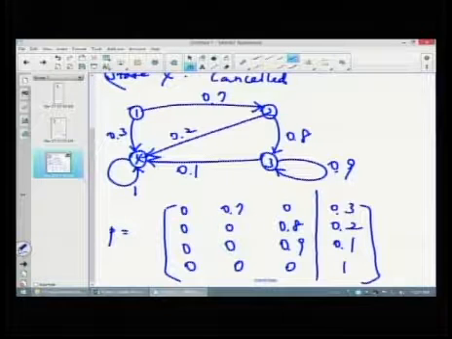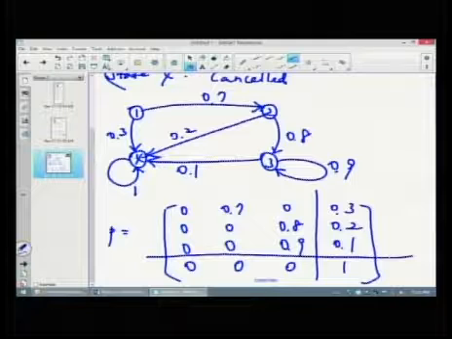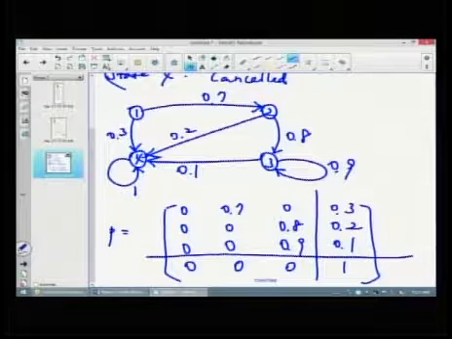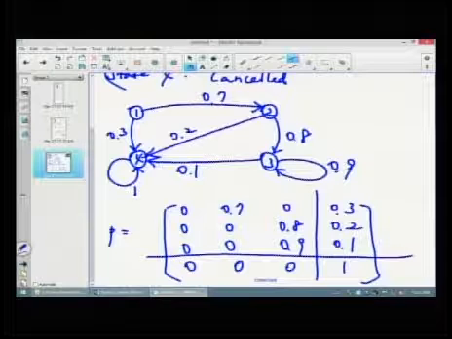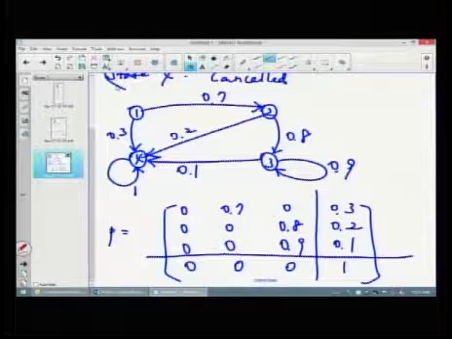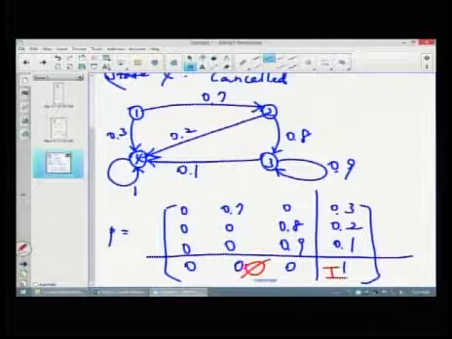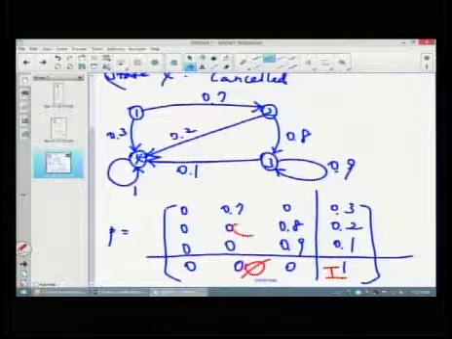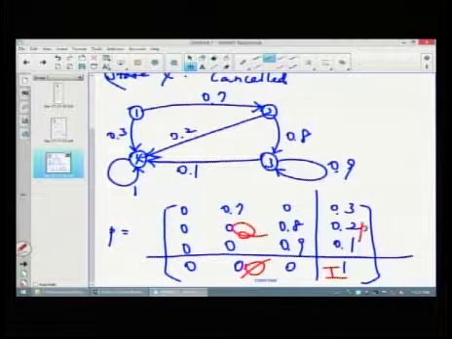Now we can easily divide it into 4 different sections like that. So we have the identity matrix down here, the 0 matrix, and we have Q and R. Is that right?